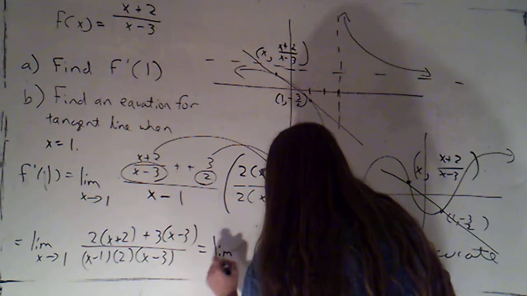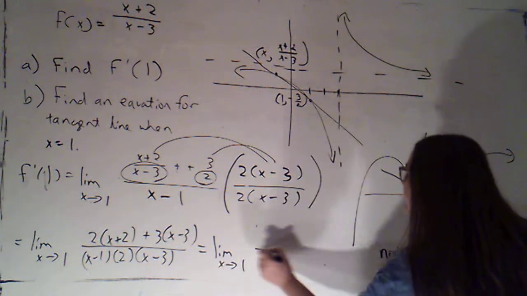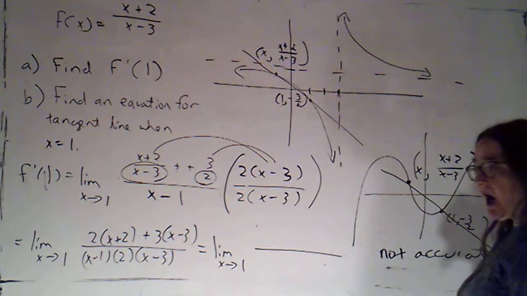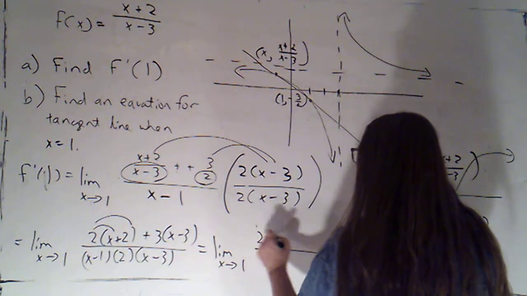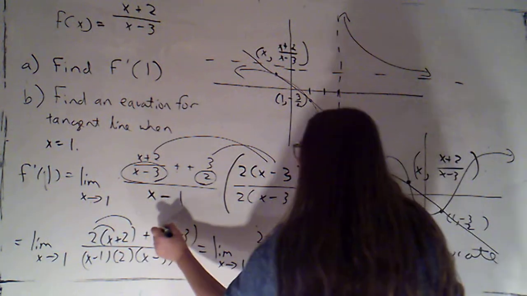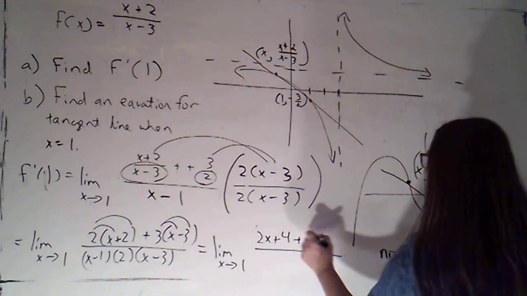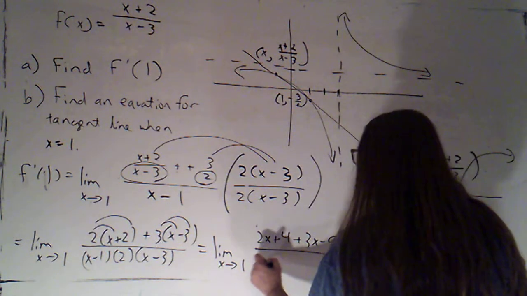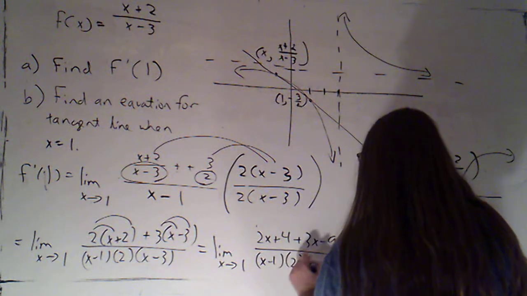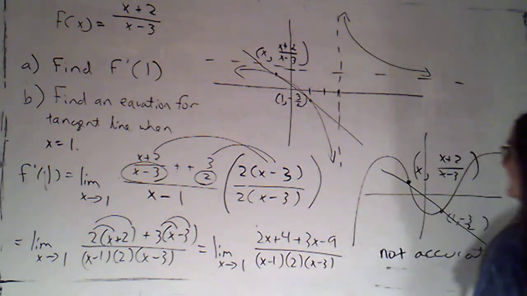All right, so we've got the limit as x goes to 1. Let's multiply out what we have on top. Distributing that 2, I'm going to get 2x plus 4, plus distributing that 3, we'll get 3x minus 9, all over x minus 1 times 2 times x minus 3.